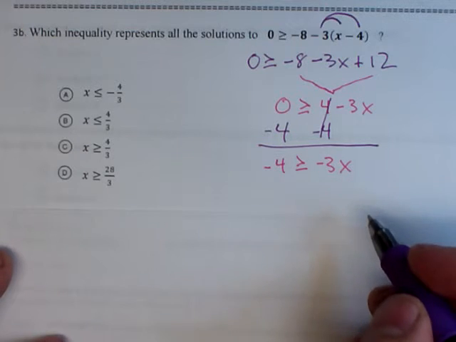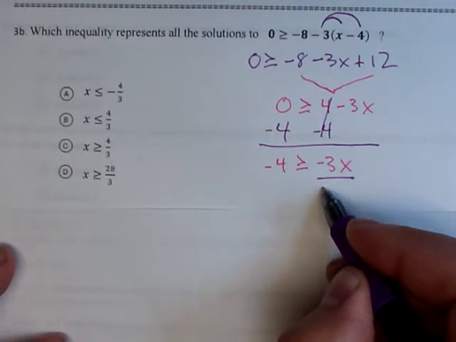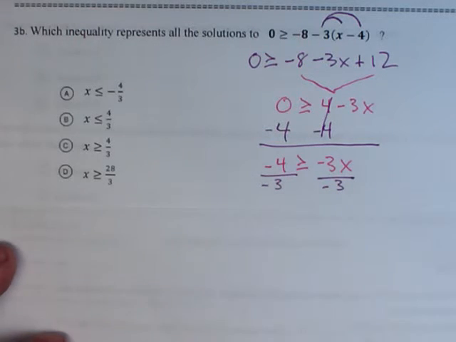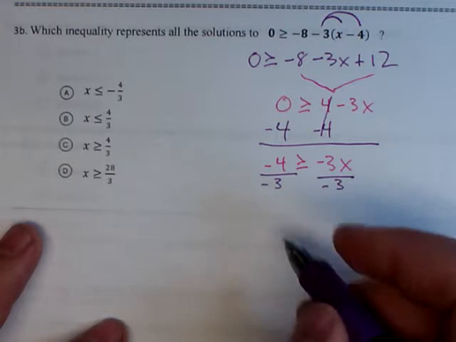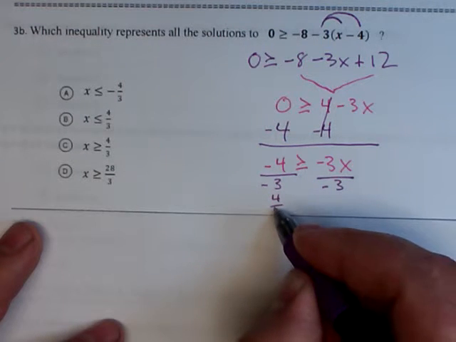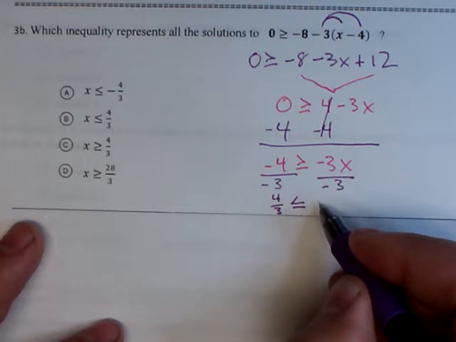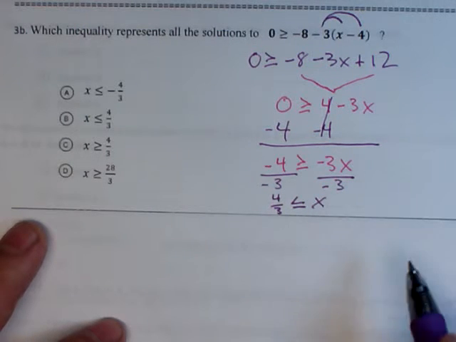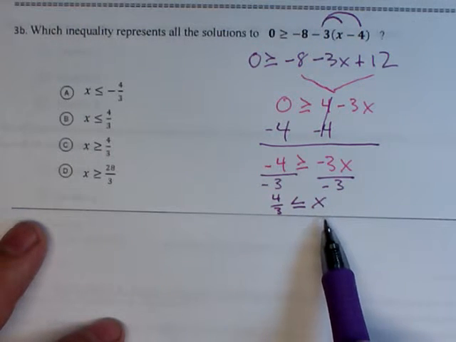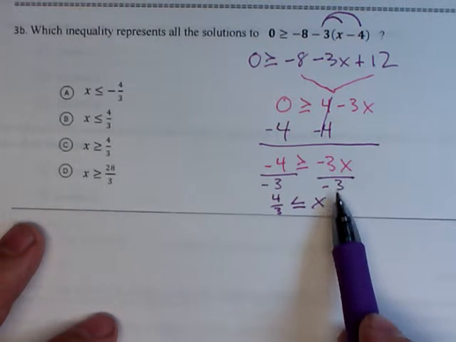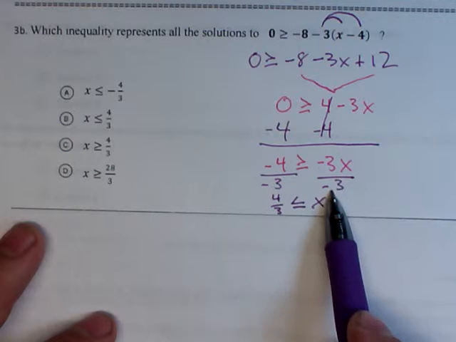Now I'm going to divide both sides by negative 3, and I'm going to get 4 over 3, which is positive. I'm going to switch this sign, and this becomes x. And the reason I'm switching this sign is because I divided by a negative 3.